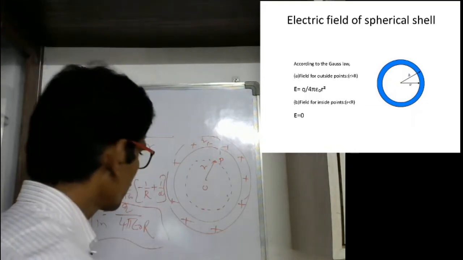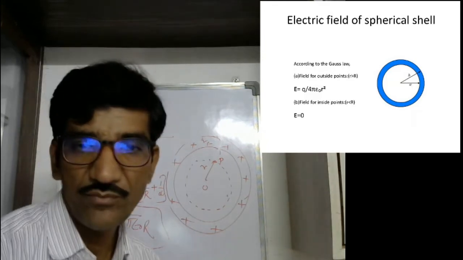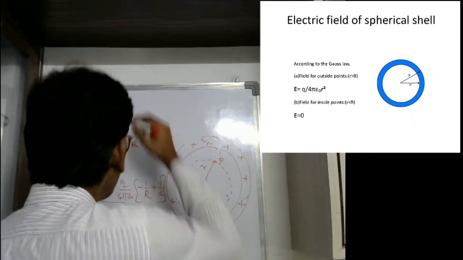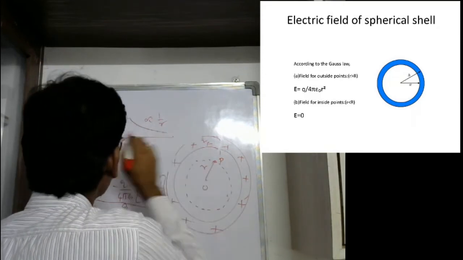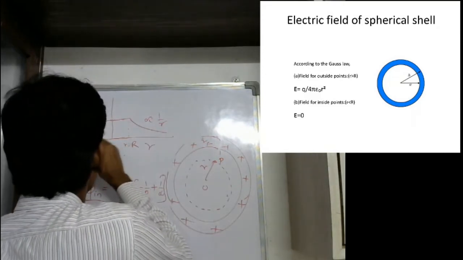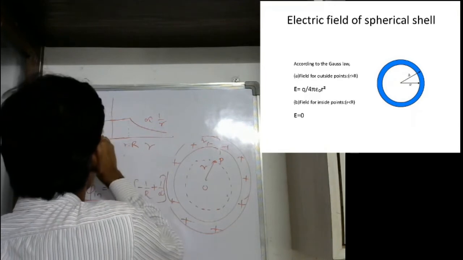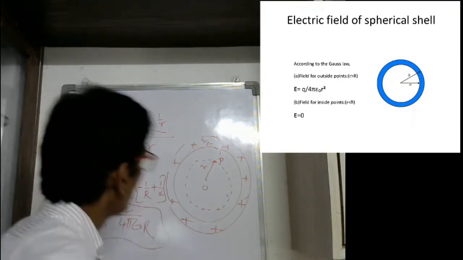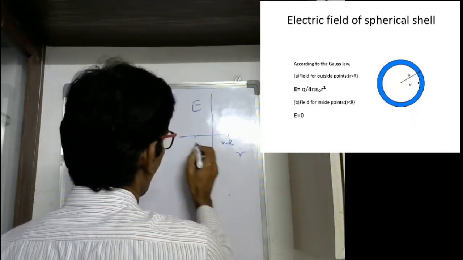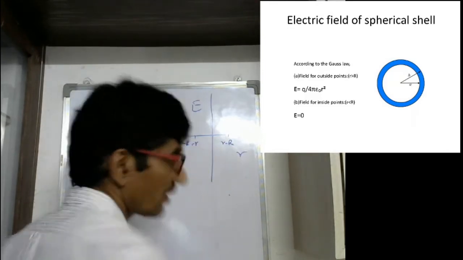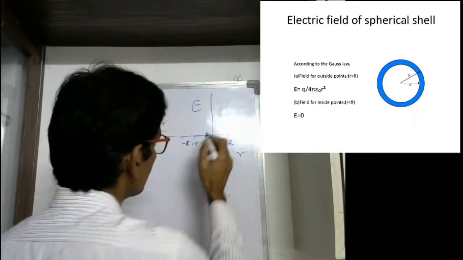As you move out of the sphere, what happens? This varies as 1 by R. So up to R is equal to R and R is equal to minus R, you have zero field.